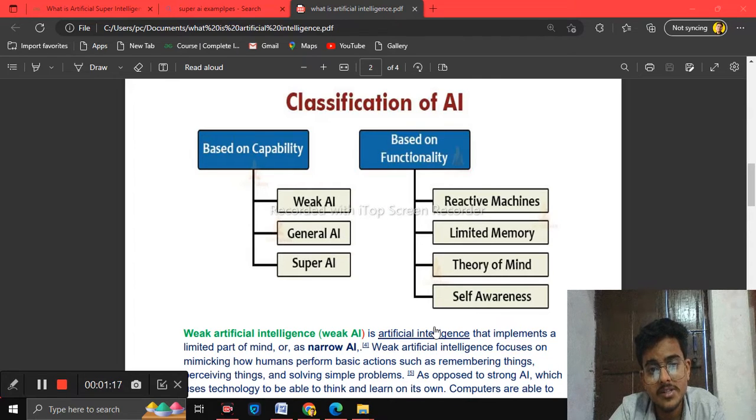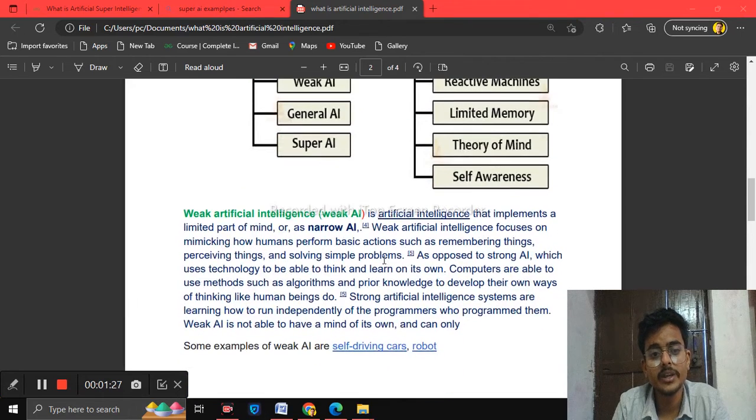Based on capabilities, there are three types of AI: weak AI, general AI, and super AI. Okay guys, let's understand what is weak AI. Weak artificial intelligence is AI that implements a limited part of memory, or narrow AI. What does it mean?